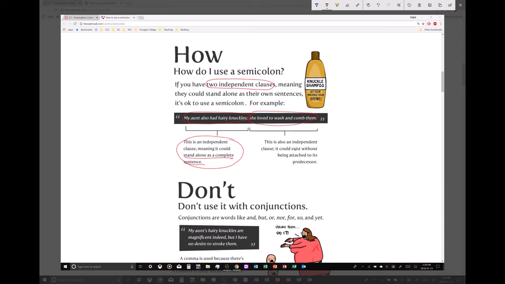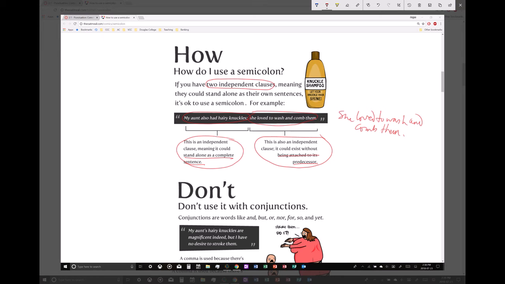If you thought she loved to wash and comb them, that's correct. That's the second clause. It also can be its own sentence, and you don't need that last part. You can just simply say she loved to wash and comb them.